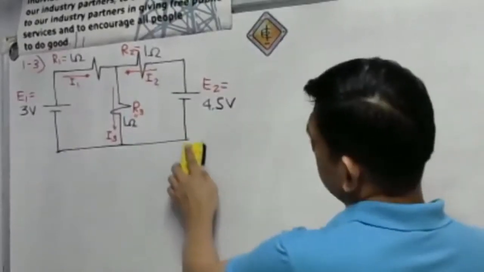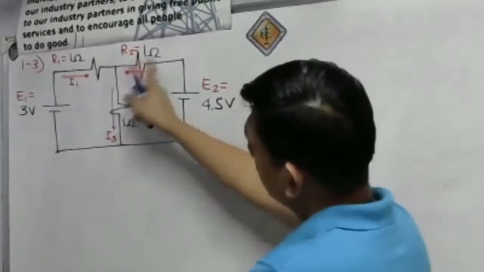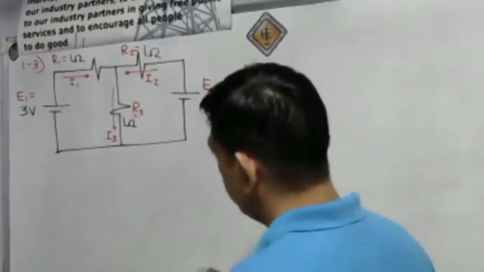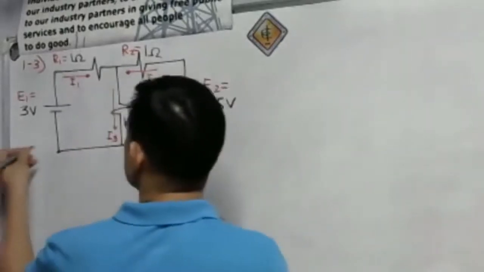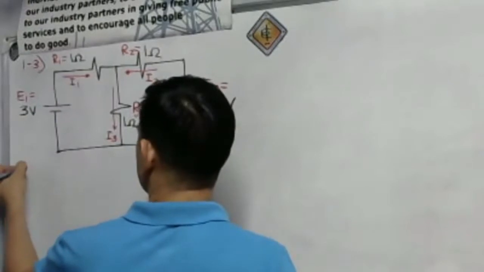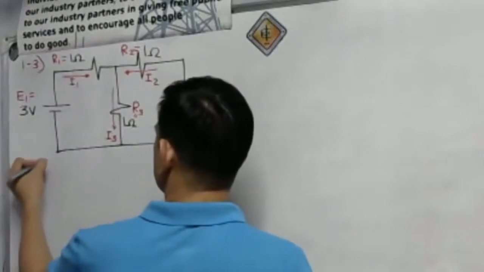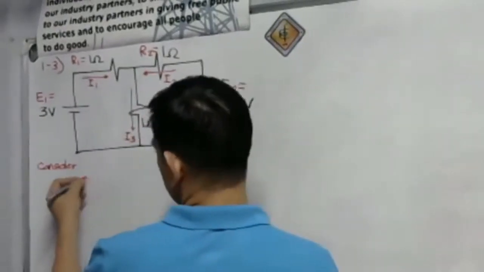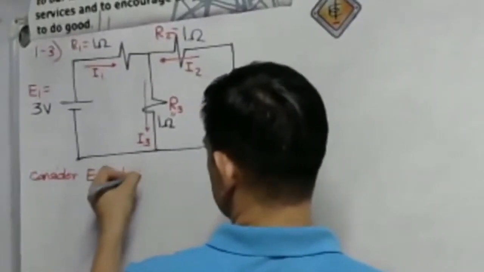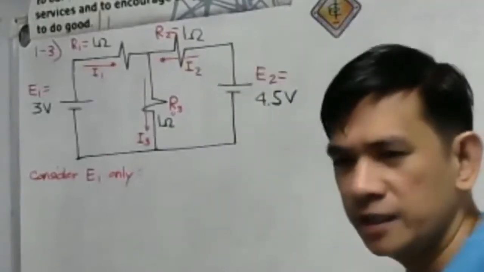We have R1, R2, and R3. Let us have first our 3 volts. Consider E1 only. Yan lang muna ang ating i-consider.